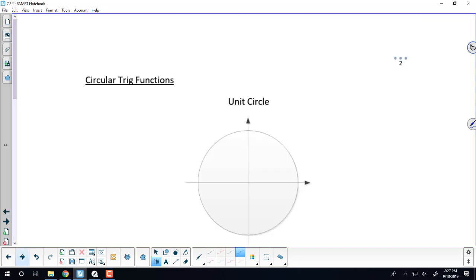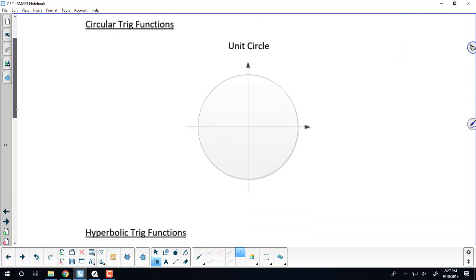So what exactly is a hyperbolic trig function? The analogy we're gonna make is to the unit circle with our circular trig functions. So back in this setting, say we had some angle measure here that we call theta.